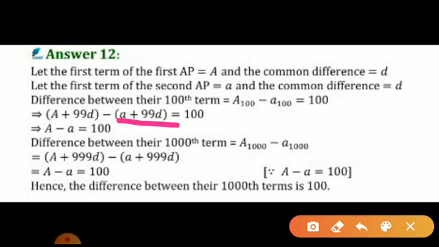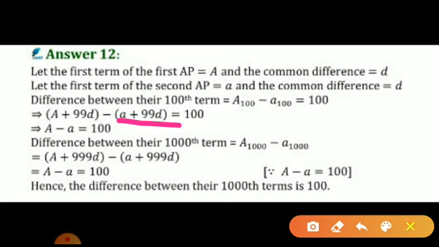Because if you don't mark the bracket, you will just write minus a and 99D, and you won't give that negative sign. So whenever you have subtraction, you have to put the next term in a bracket itself. So you'll get it equal to 100. Then that 99D will be cancelled. So you'll get A minus a is equal to 100. That is my one relation.